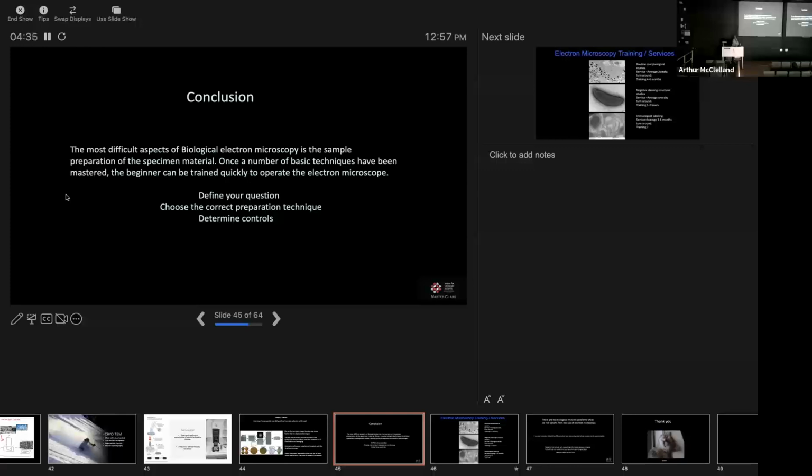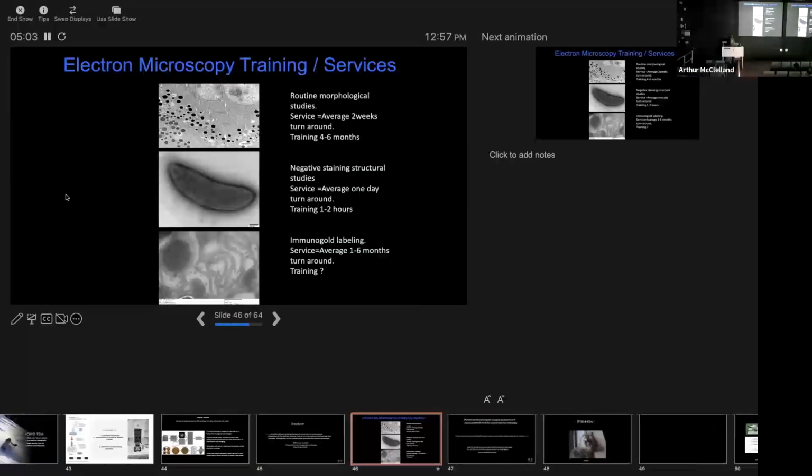In biological electron microscopy, we're not doing that. The microscope is simply our camera. We're just taking pictures. So there's nothing fancy that we need to know about the electron microscope except how to focus well and how it operates. But we're not doing magic with the microscope. The magic happens before we get there. So remember, define your question, choose the correct sample preparation, and determine your controls. All that's going to help you interpret the final results.